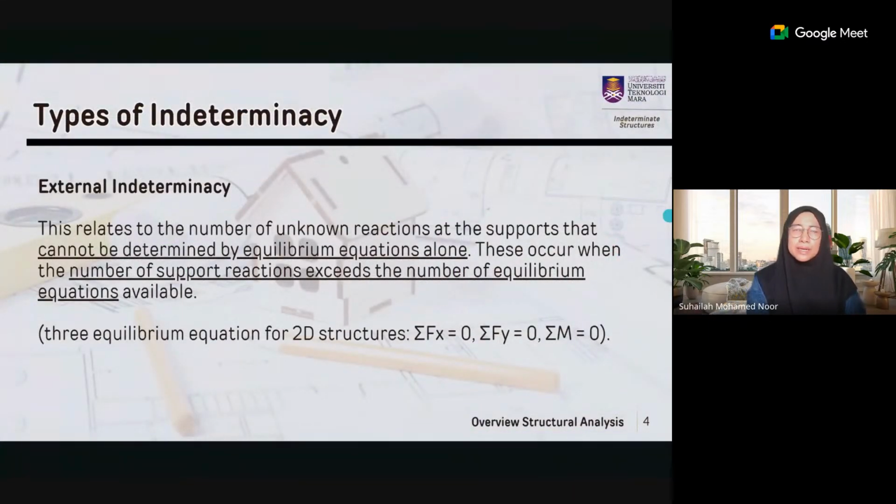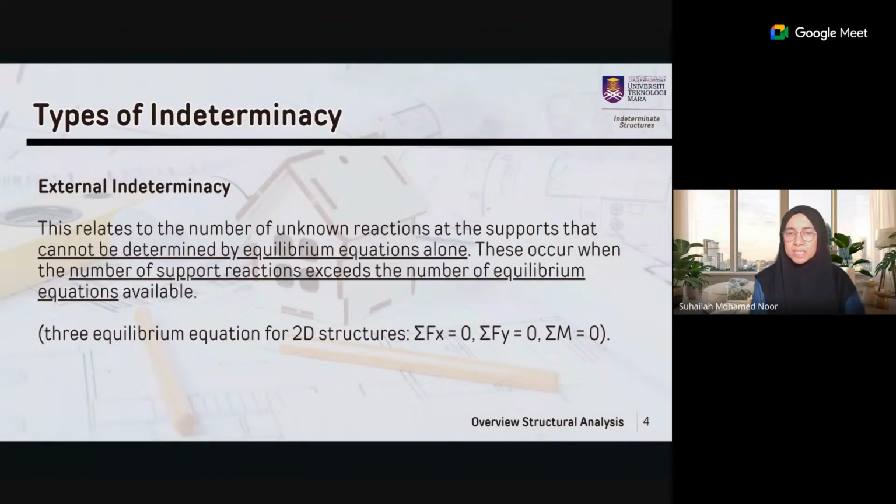So in structural analysis, in indeterminate structures, for flexibility method, we have 2 types of indeterminacy. One is external indeterminacy, another one is internal indeterminacy. External indeterminacy focuses on the redundant which comes from support reaction. Support reaction as redundant, we call it external indeterminacy.